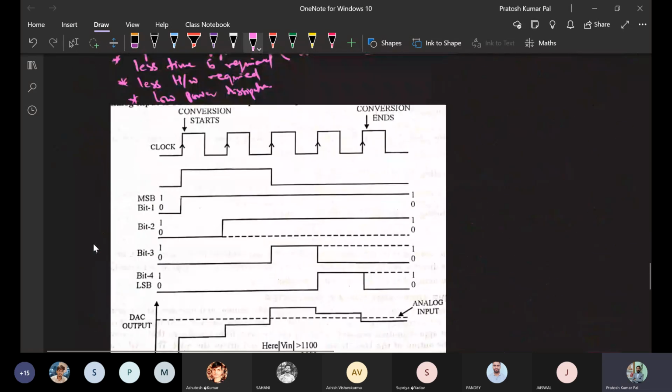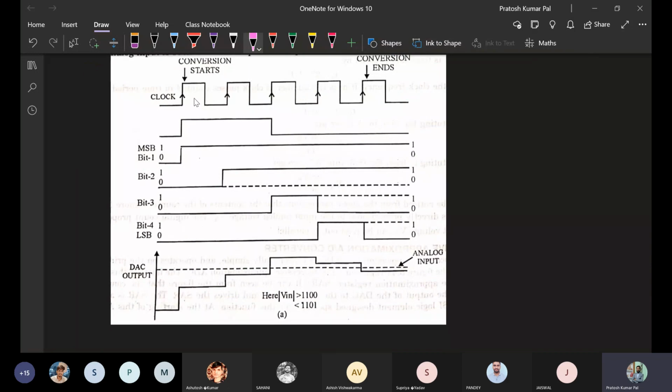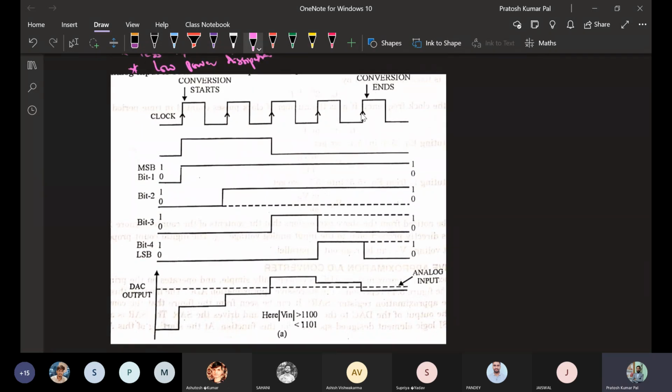This is the successive approximation register timing diagram, showing how the timing takes place. After the fourth clock cycle, so first, second, third, fourth, the fifth will be the end of operation, end of conversion. So whatever output is there at this signal will be considered the end of operation.